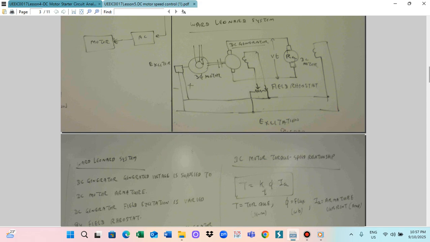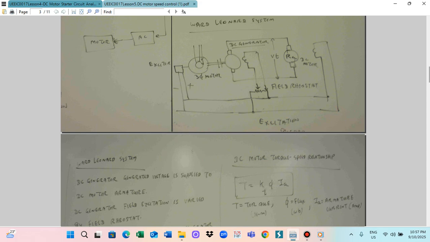So this is the excitation bus bar. What we use is this motor is also used as this small exciter motor. This small exciter is connected to the excitation bus bar. So this is positive and negative. So this excitation is applied to the DC generator.